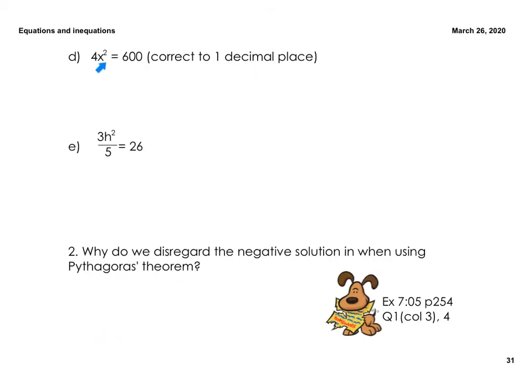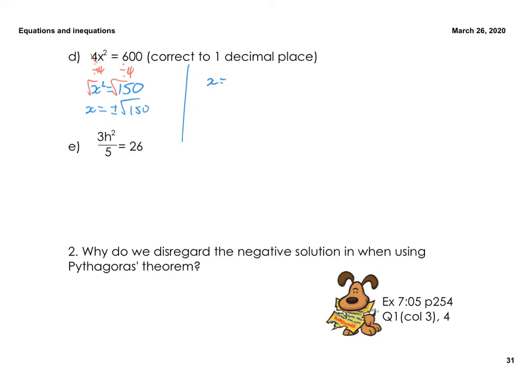Okay, part D. 4x squared equals 600, correct to 1 decimal place. So this one we're going to round. Let's firstly divide by 4. X squared is equal to 150. Now square root both sides. X equals plus minus root 150.